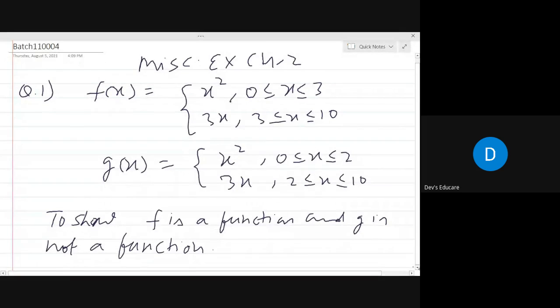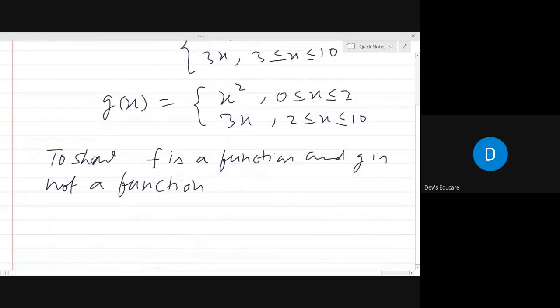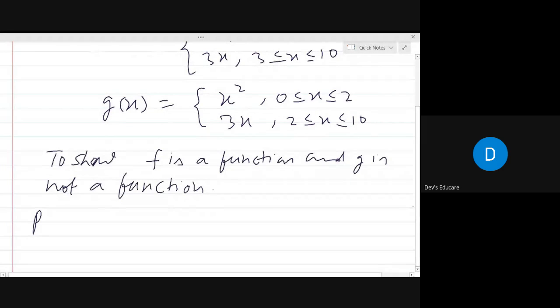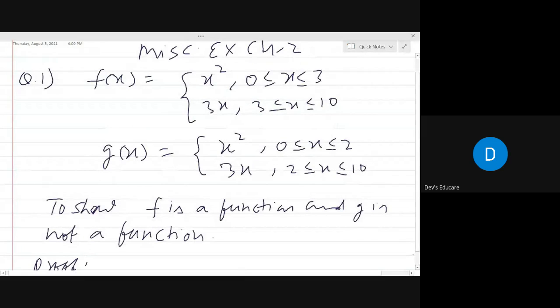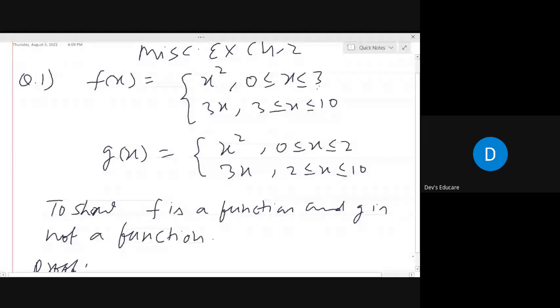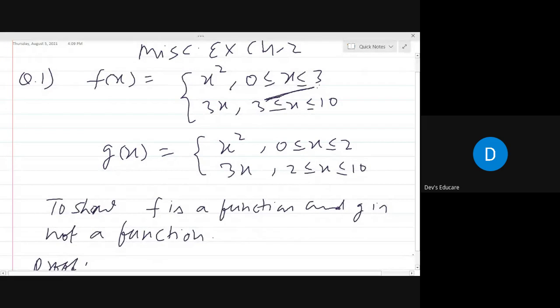If we observe over here, then we can see that the value of the function is being changed at x equals 3. Ria and Muskan, the value of the function is going to change at x equals 3.